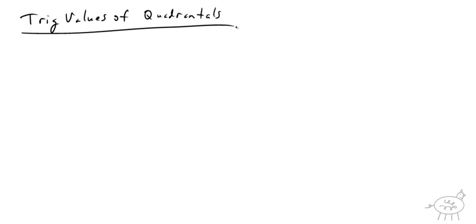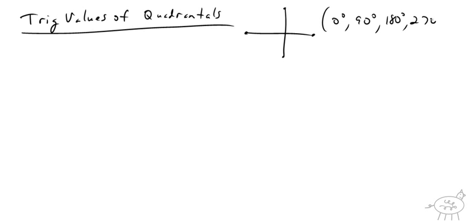Quad means 4, so there are 4 locations here: here, here, here, and here. Basically on the x and y axis. The degrees are 0 degrees, 90 degrees, which is on top, to the left is 180 degrees, and the bottom is 270 degrees. Those are our quadrantals.